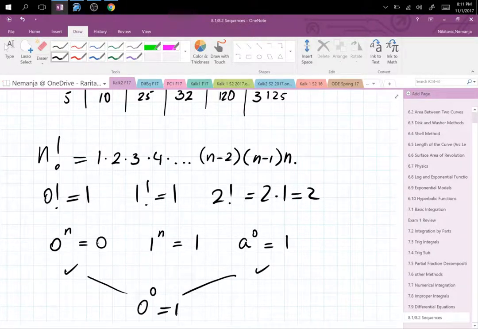I know. And you use limits. You can prove this with a table of values. You take 0.2, 0.1, 0.05, 0.07, and so on, and the closer you're getting to 0, this will be going to 1.